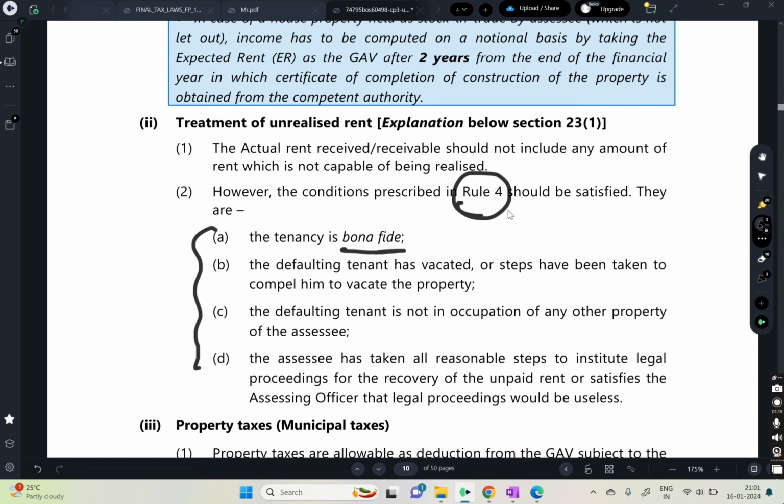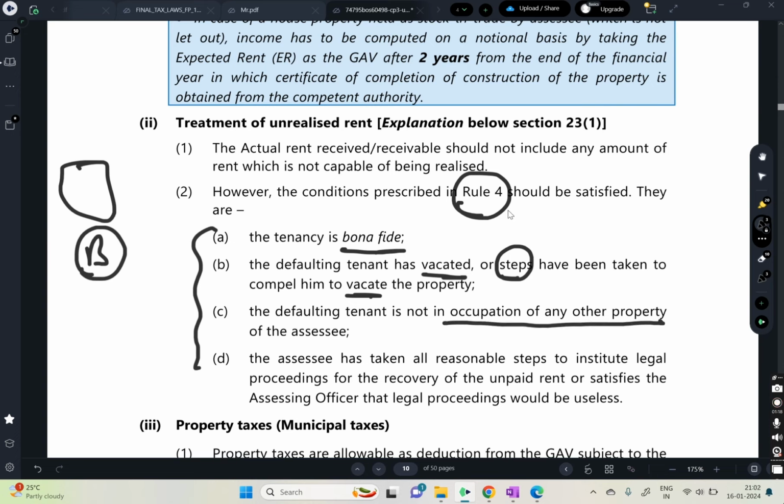Let's say there is a building and B is the tenant. If B is not paying, then you have taken steps to vacate him from that property. Also, you did not give any other property of yours for rent to him, and he does not stay in any other property of yours. You took all reasonable steps, filed a case against him, all legal proceedings.